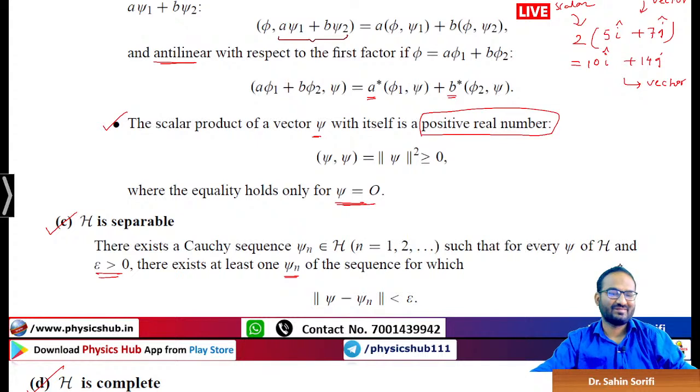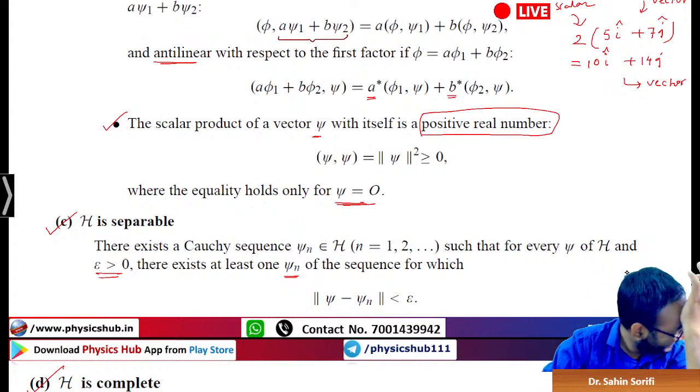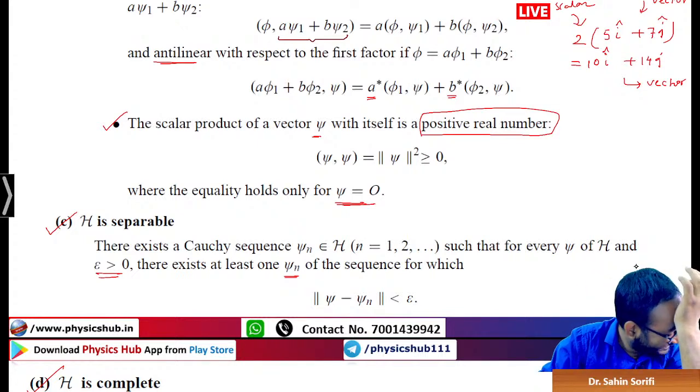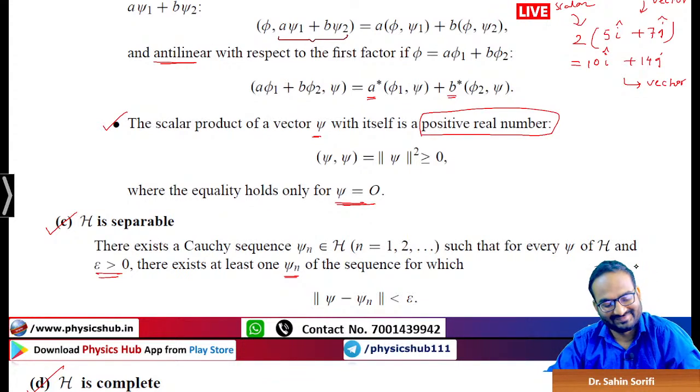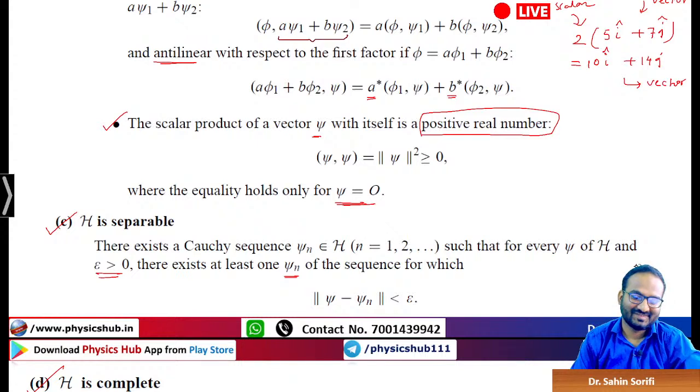It means is it okay? Yeah, instead of saying is it okay, ठीक है is a concise form.